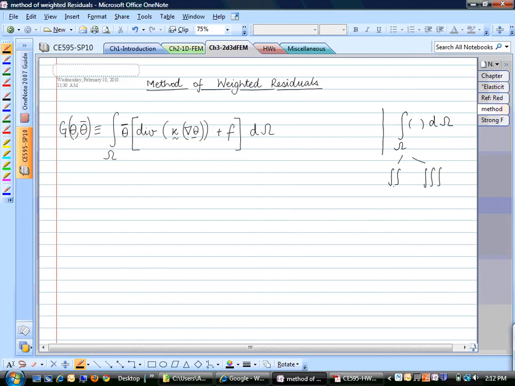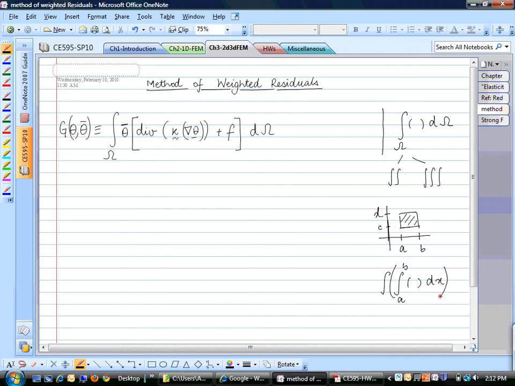For a very simple case, like a rectangular domain in 2 dimensions, say the limits along the x-axis are a and b, and the limits along the y-axis are c and d, this double integral can simply be written as the same quantity dx going from a to b.